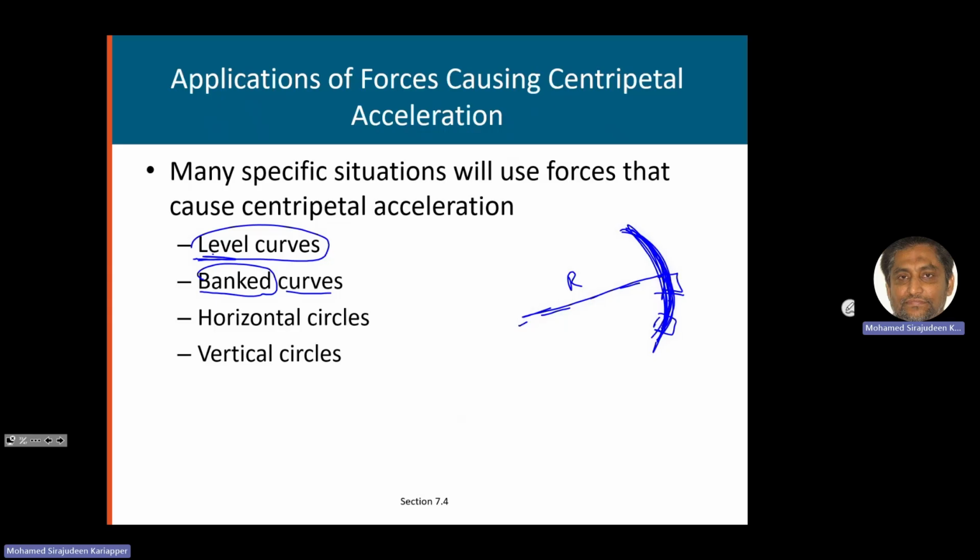It is tilted like that. So that is what we mean by banked curve. So I'm just introducing now, then we will go one by one, each of them. So why do we bank the road? We will explain using what we learned about the centripetal force and the centripetal acceleration.